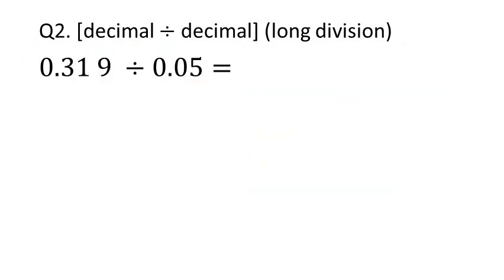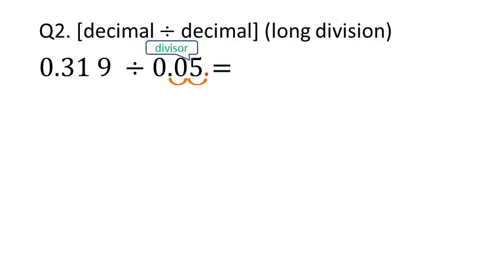Let's try another question. 0.319 divided by 0.05. First of all, check the divisor, which is 0.05. Since we want to change 0.05 to a whole number, we need to move the decimal point 2 places to the right.